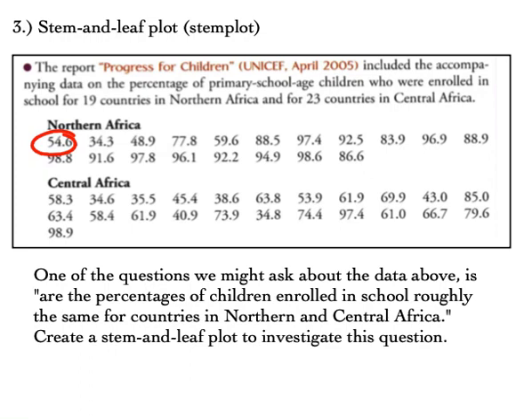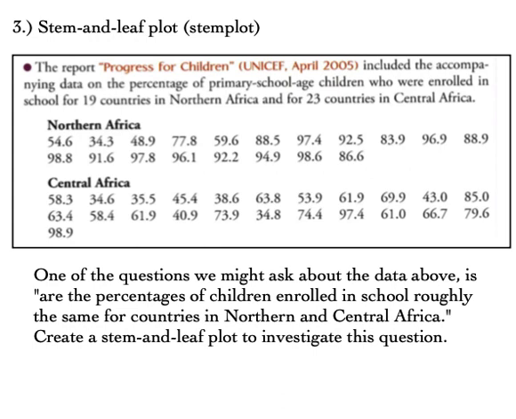UNICEF, of course, is a United Nations organization that focuses on children's needs in emergency situations, or kids that are in crisis. So one of the questions they might ask about the data is, are those percentages of children enrolled in school roughly the same for countries in Northern and Central Africa, or are there differences?